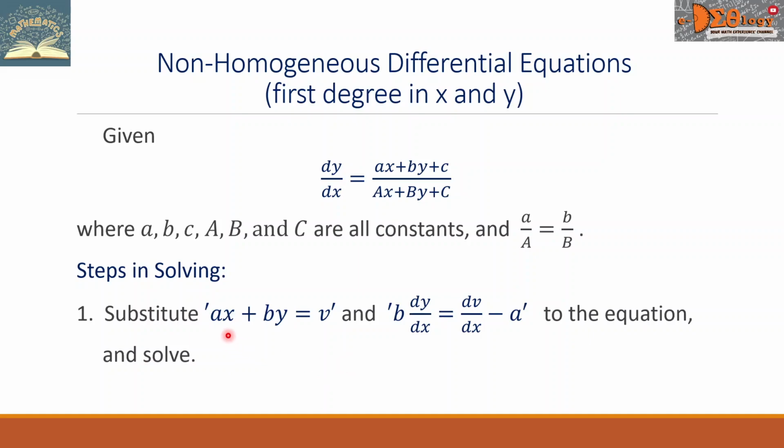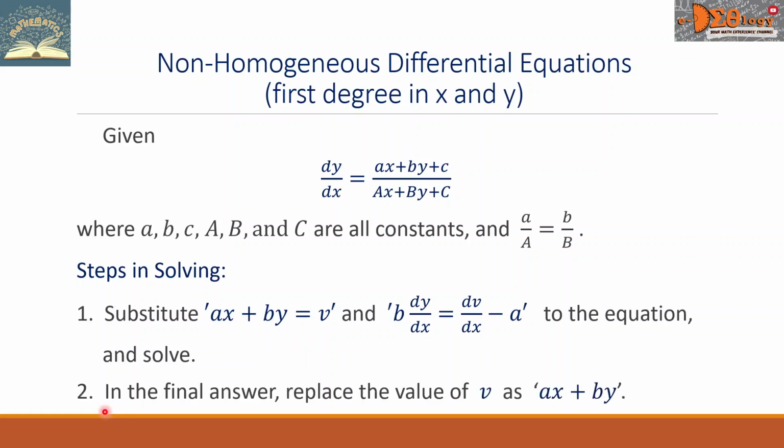In here, we have two equations. Take note that this second equation is the derivative of the first equation with respect to x. Step 2. In the final answer, replace the value of v as ax plus by.